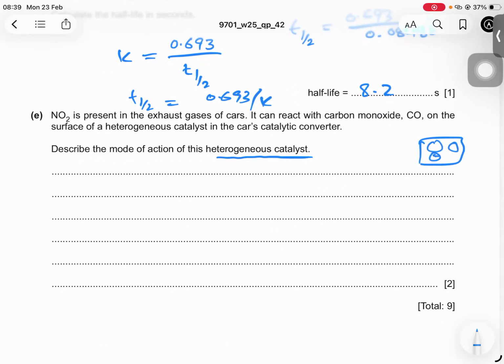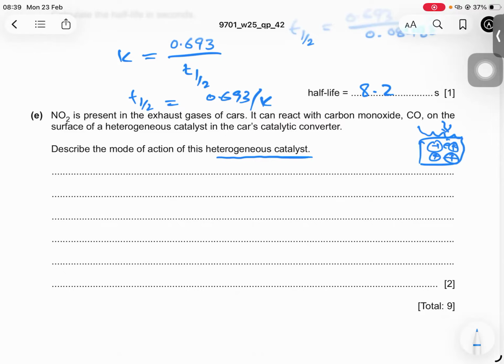For example, here is the catalyst. So here are the electrons. They adsorb on the surface of the catalyst, and because of the repulsion between the electrons, they are polarized. This polarization causes the weakening of bonds. As a result, the bonds break, the reactants turn into the products, and the products desorb from the surface of the catalyst.